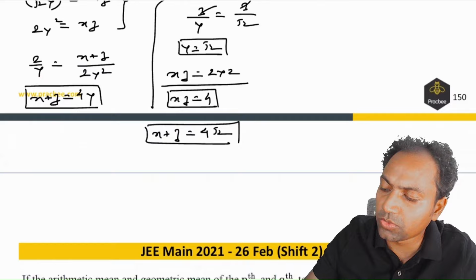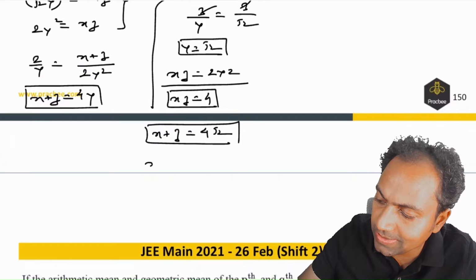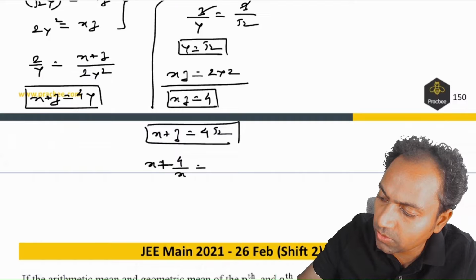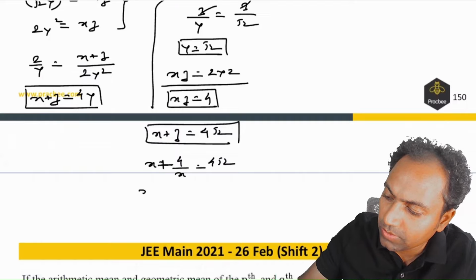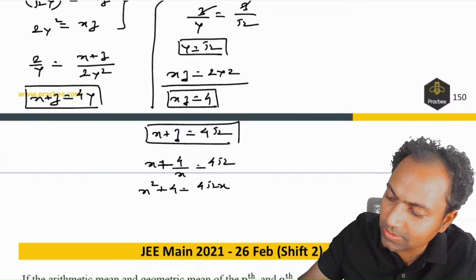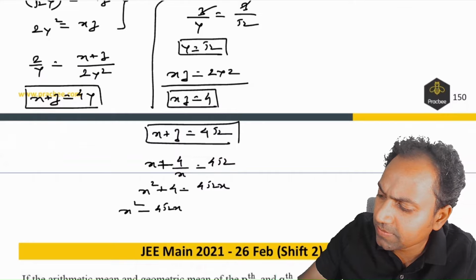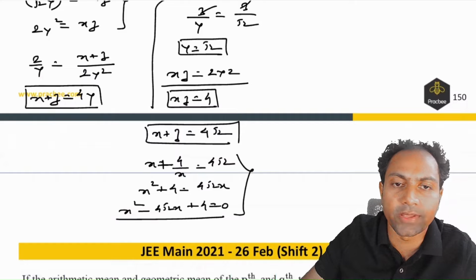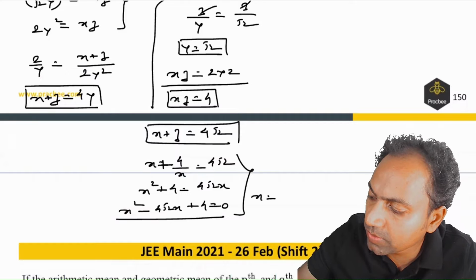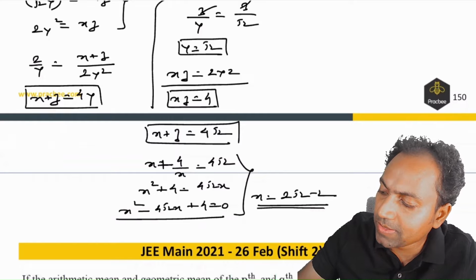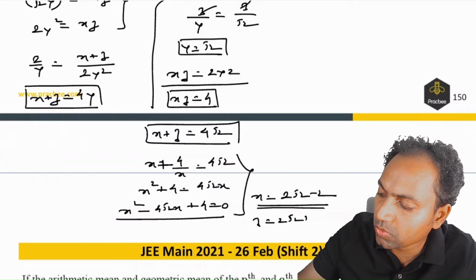We can substitute the value of z here. So z is nothing but 4 by x. x plus 4 by x is equal to 4 root 2. So x square plus 4 is equal to 4 root 2 x, or x square minus 4 root 2 x plus 4 is equal to 0. And once you solve this quadratic equation, the value of x comes out to be 2 root 2 minus 2. From here, the value of z comes out to be 2 root 2 plus 2.